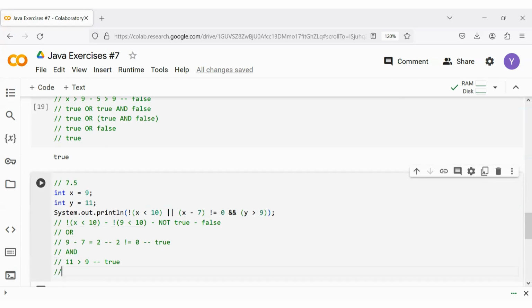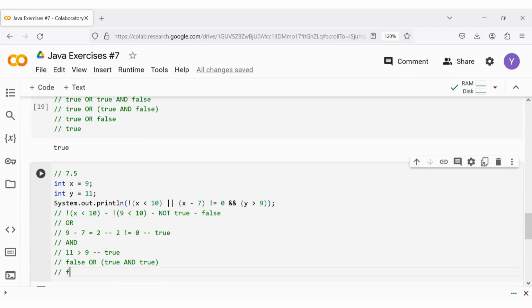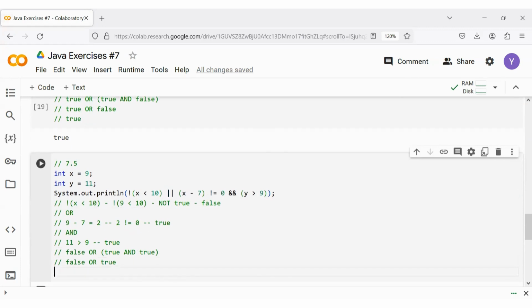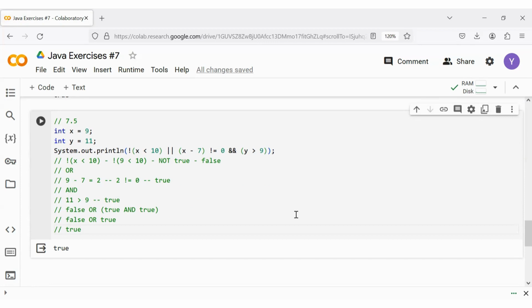And I have here false or true and true. Remember, we do the AND first. So here I have false or true. Because this is an OR operator at the very end, false or true, I will get true. So I think that's it for Java exercise number 7, where we look into mainly the different types of logical operators.